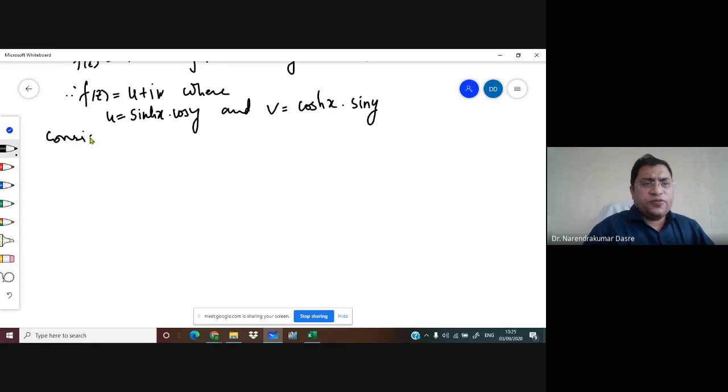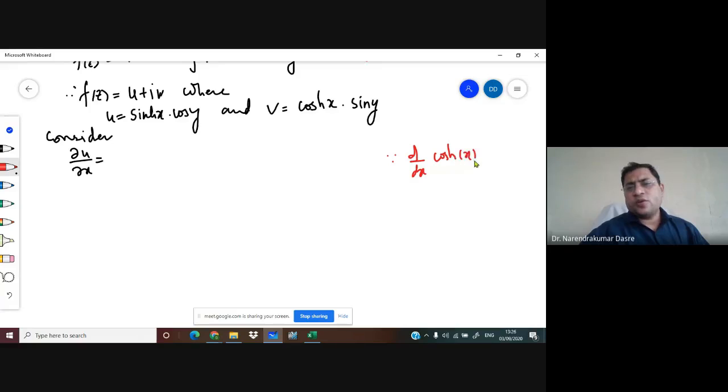So we consider the partial derivative of u with respect to x. What is it going to be? We have to calculate the derivative, and we know that the derivative of hyperbolic cos x is equal to sine hyperbolic x, and the derivative of hyperbolic sine x is equal to hyperbolic cos x.